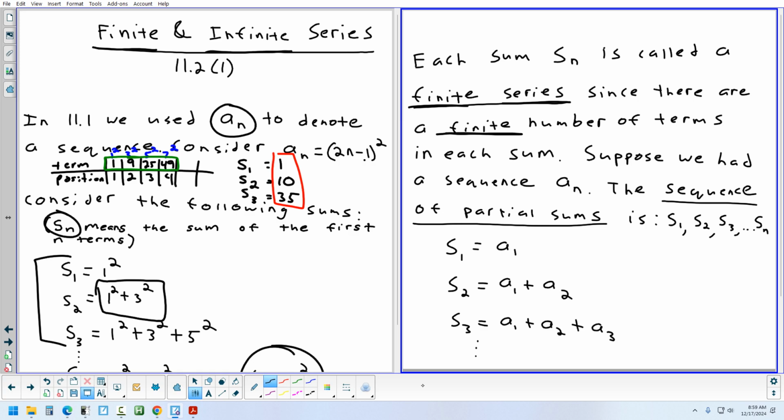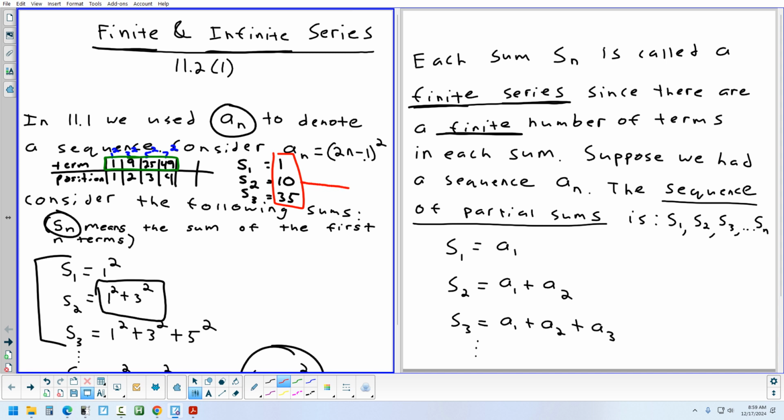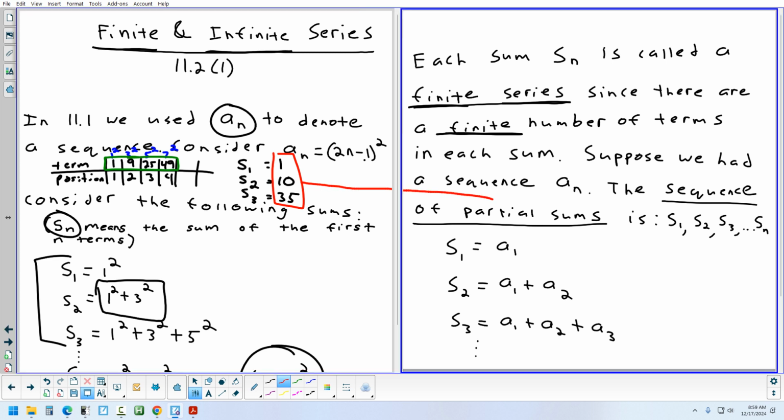So now, once you figure out those partial sums, 1, 10, 35, what's in that red box, that is called the sequence of partial sums. And that's what we want to try to find a pattern for. What's in that red box.